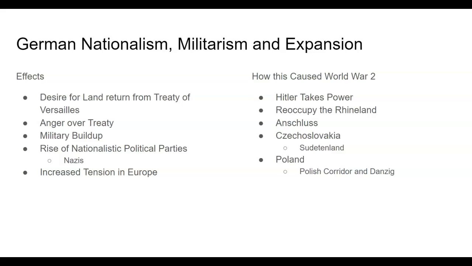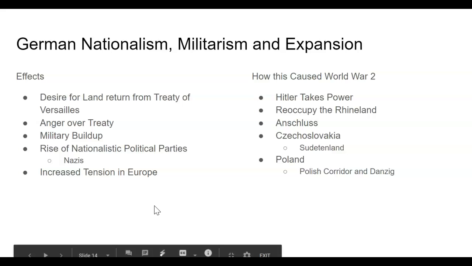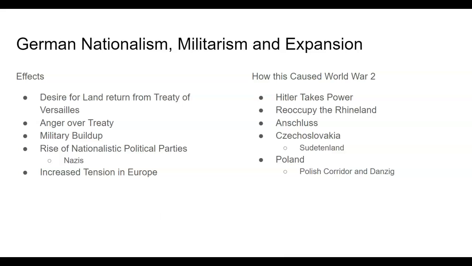Hitler comes to power with his whole nationalist message, getting revenge, getting rid of the Treaty of Versailles, blaming everything on the Jews. So the first thing Hitler does in 1936, he reoccupies the Rhineland, which is the borderland between the Rhine River and France. Then the Anschluss, the joining with Austria that we talked about in class the week before vacation, and then finally Czechoslovakia, the Sudetenland and the appeasement, which we'll get to in the next set of slides, taking over the Sudetenland.